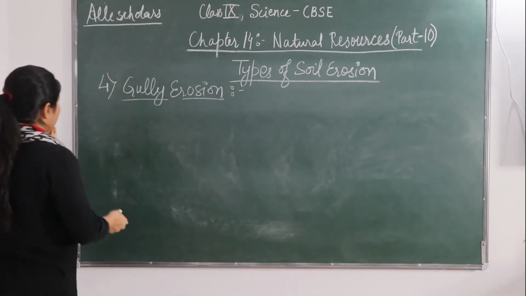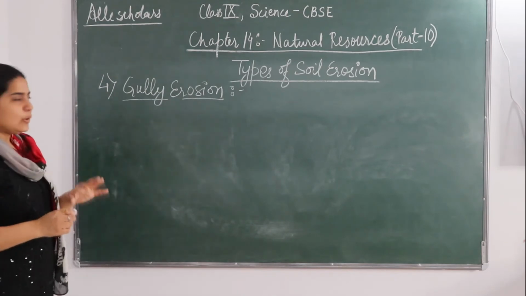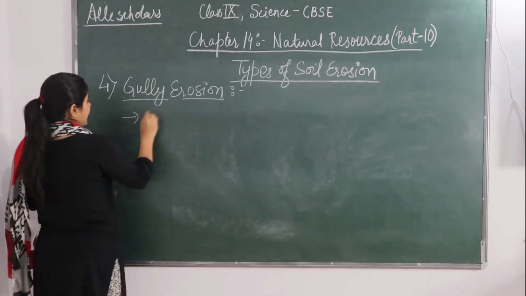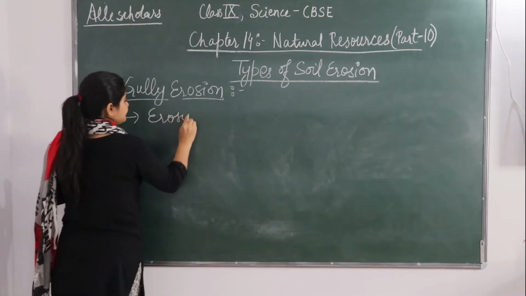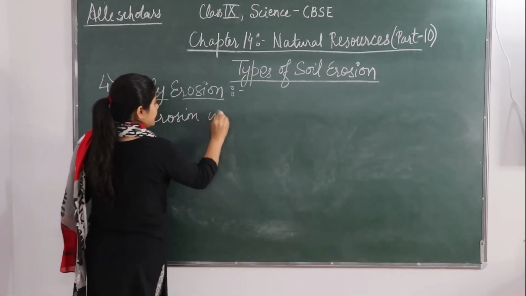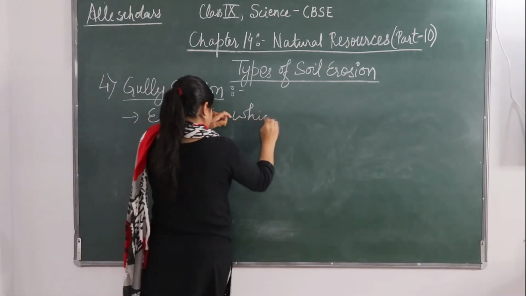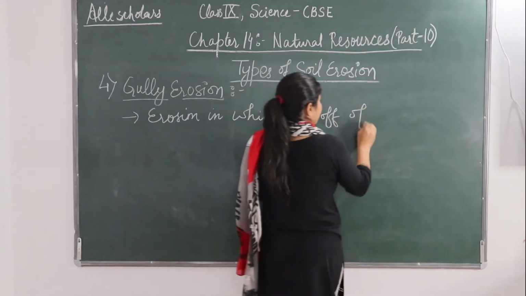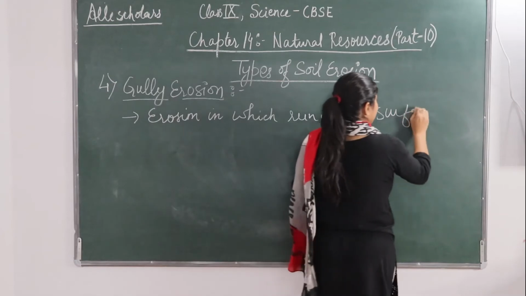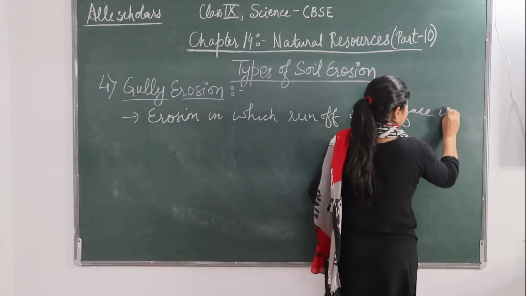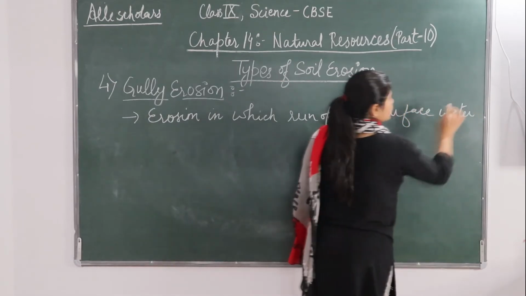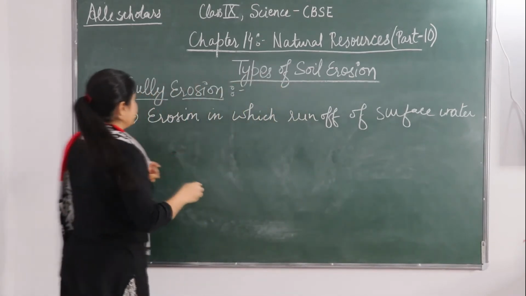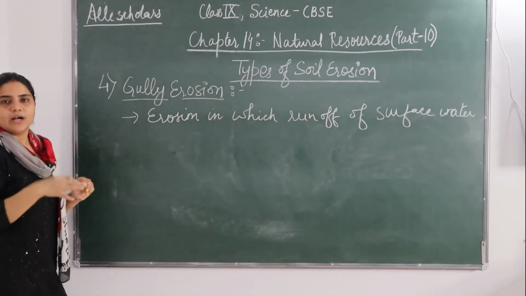Okay, so if we talk about gully erosion, it is erosion in which runoff of surface water occurs. जो surface water है उसका रन ऑफ हो रहा है, वो हट रहा है.